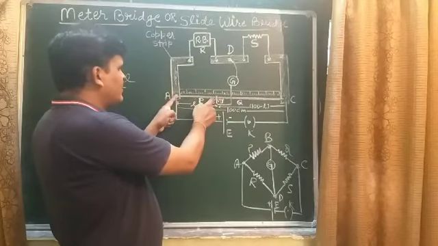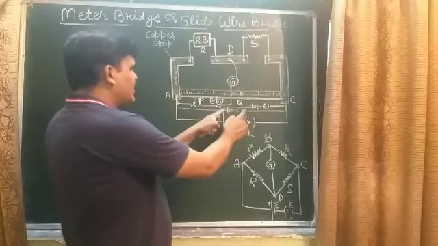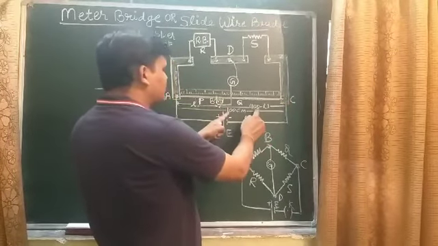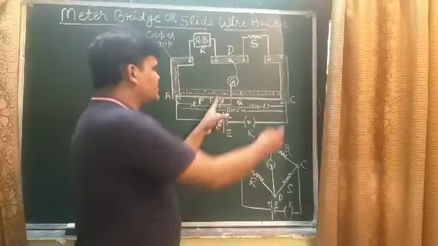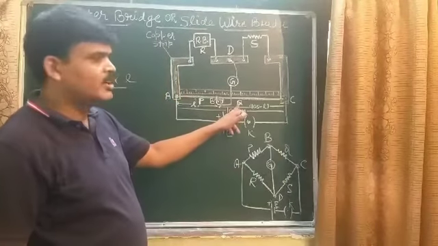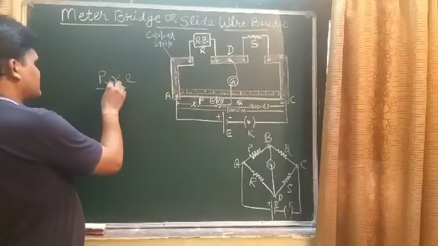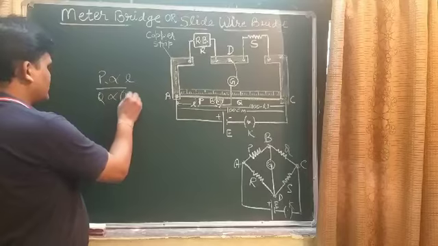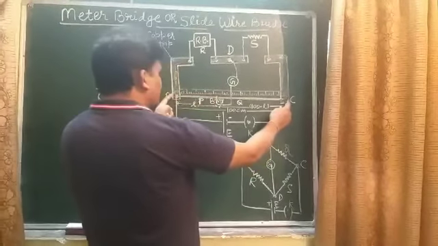and the total length is 100, then BC is also a length, whose length is 100 minus L. So the resistance of part BC is taken to be Q, because resistance is directly proportional to length, and BC is also a part of the total length of AC.